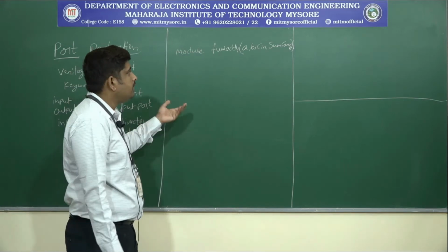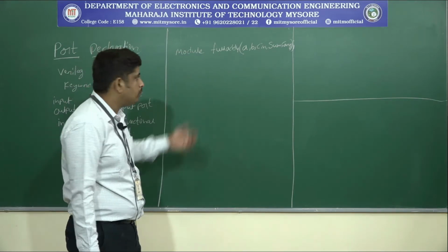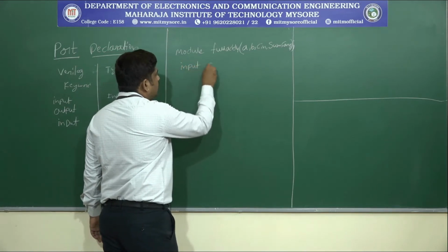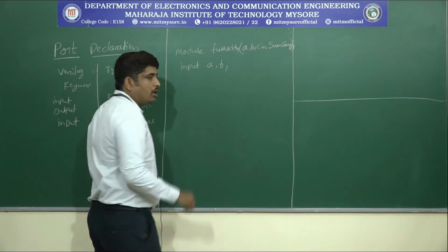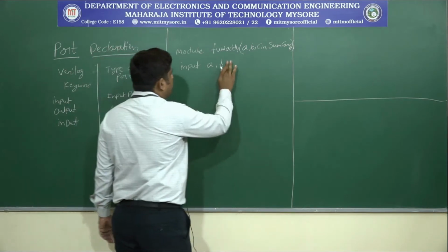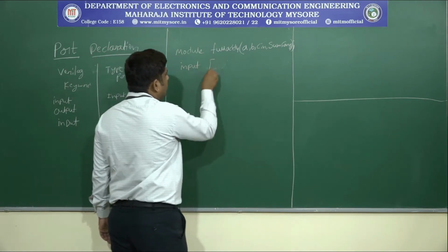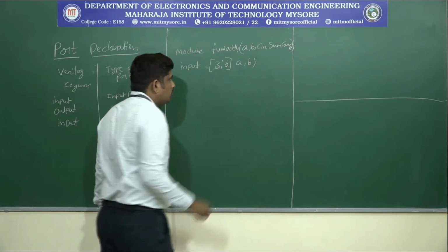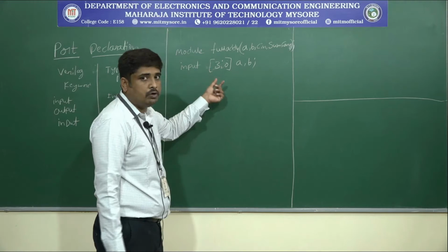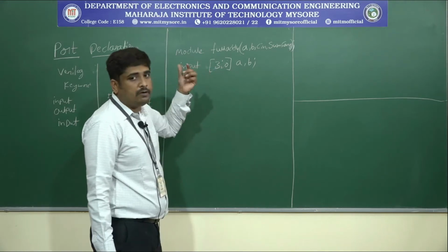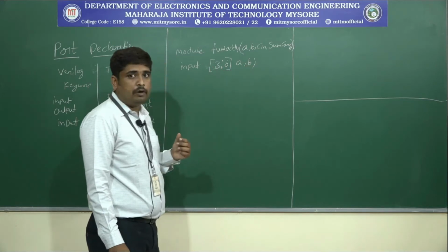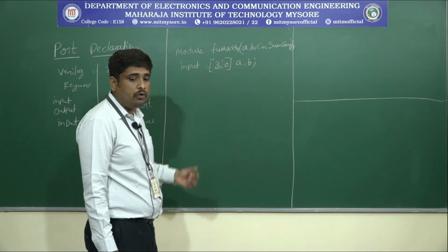Next we declare which are the input ports and output ports. First we declare the input ports: input [3:0] A, B. We know what 3 down to 0 means: it is a 4-bit full adder circuit, so both A and B are 4-bit here. That is indicated by 3 down to 0.